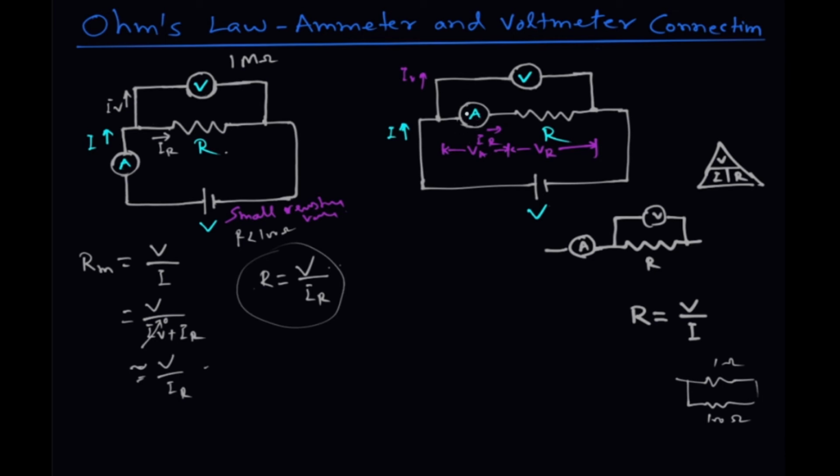Now what we are calculating is the resistance Rm. Rm here is equal to this voltmeter reading, V, divided by this current IR.